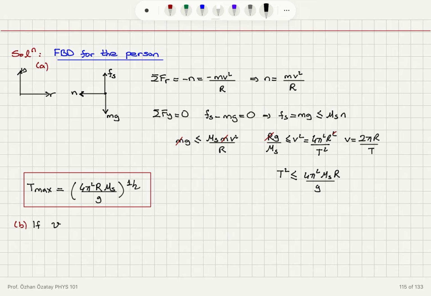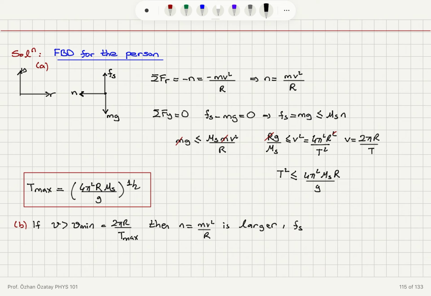So if I have a speed that is greater than the minimum speed, which is 2 pi r divided by the maximum period, T max, then the normal force, which is mv squared over capital R, will become larger.